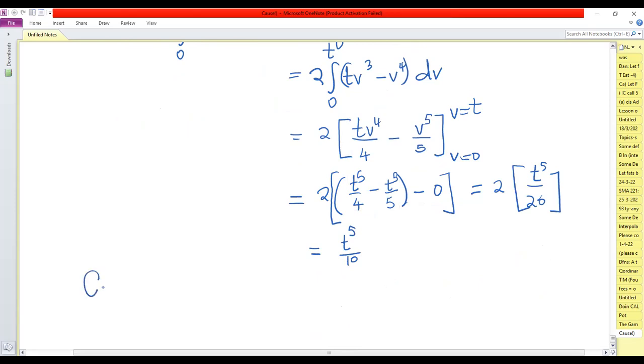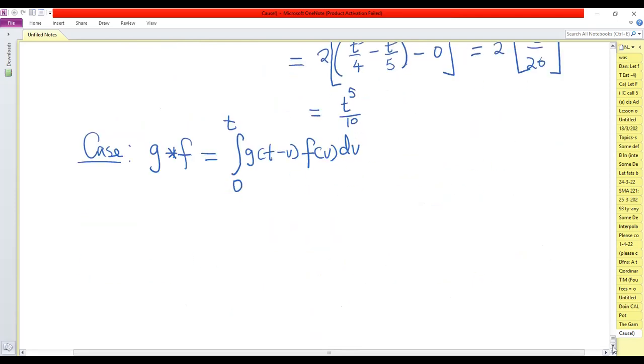Now, case 2, let's see the reverse process, the convolution of g and f. By definition, this will be given by the integral from 0 to t of g of t minus v times f of v dv.